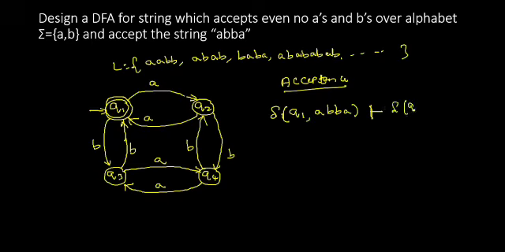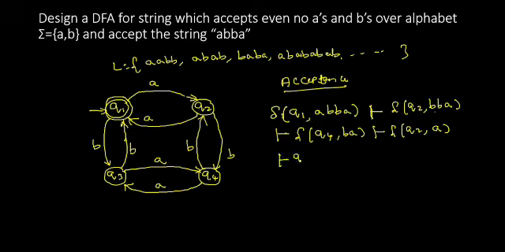So delta of Q2, BBA. In Q2, when I apply B, we can go to Q4, isn't it? So delta of Q4, BA. In Q4, when I apply B, it will come back to Q2. So delta of Q2, and A is remaining. In Q2, when I apply A, you come back to Q1, which is a final state. So it is accepted.